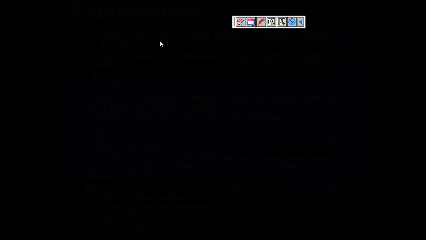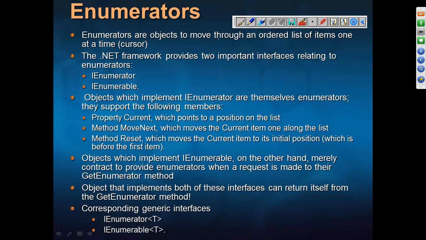And if you guys remember, to traverse through those collections, we could use a for each loop. Okay. Why could we use a for each loop? Because those collections are using this concept of enumerators.